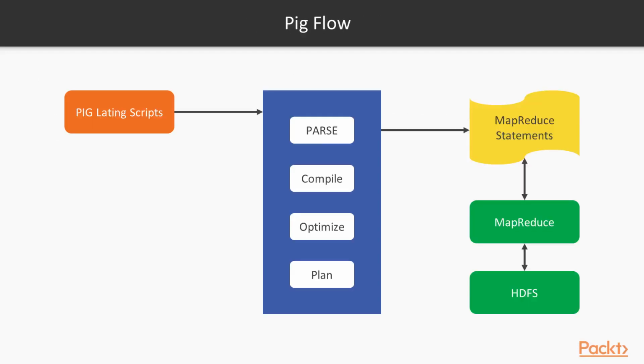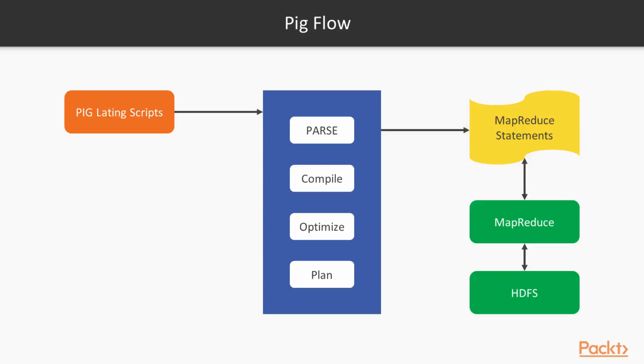So let's look at the Pig flow. We are at the beginning of the graph. We have a Pig Latin script and we want to write that script, and also we want to understand what will happen at every step when we execute our script against the Pig engine. Firstly, the Pig scripts are translated into a series of MapReduce jobs that are run on the Apache Hadoop cluster.